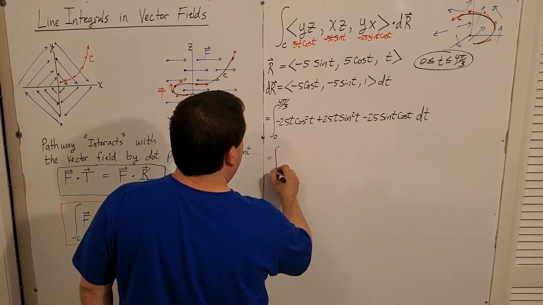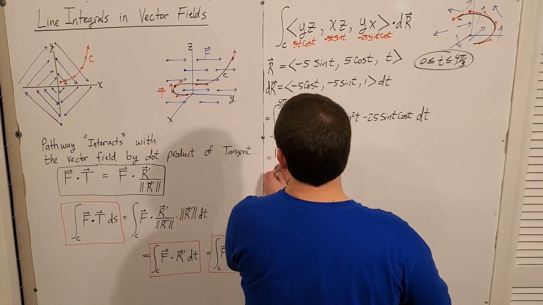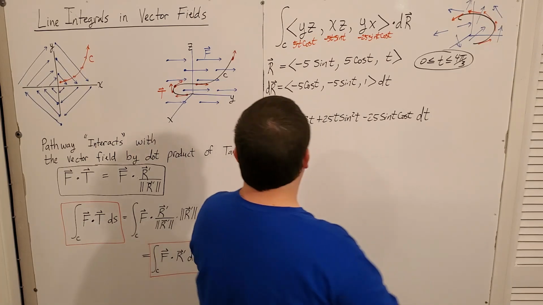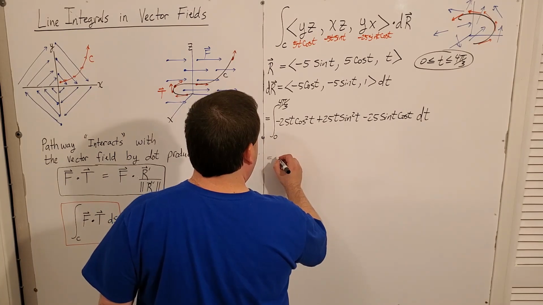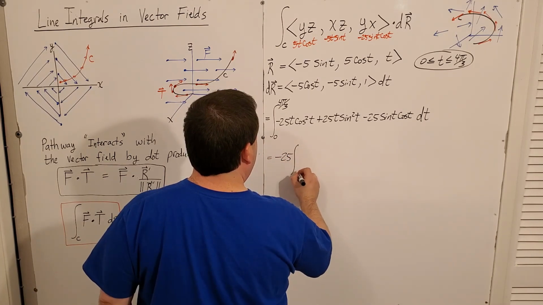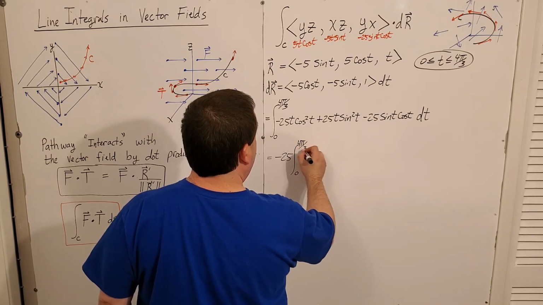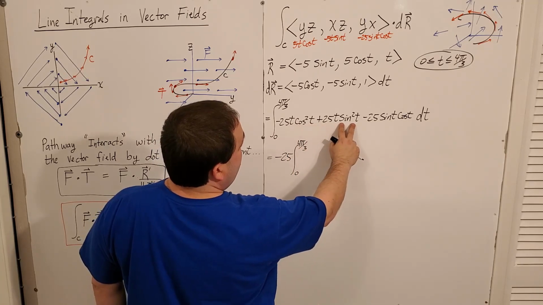All right, so let me make this easier on myself. I'm going to pull out a negative 25, from 0 to 4 pi over 3. And what that's going to do is give me some familiar pieces here.